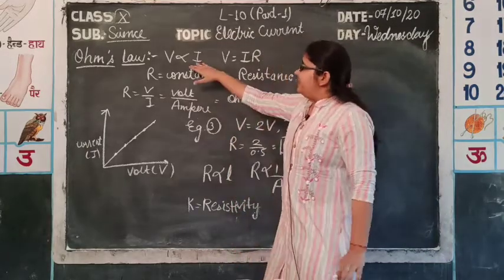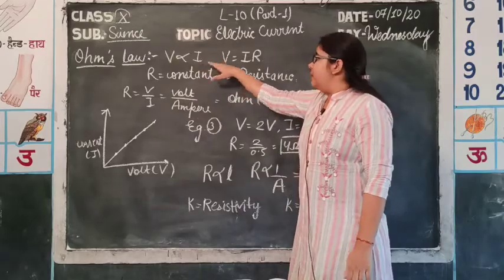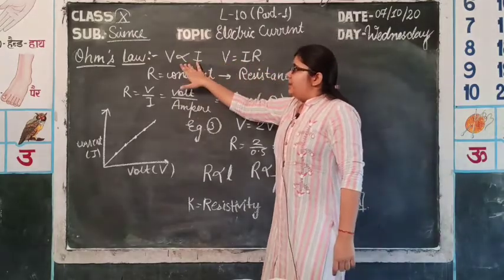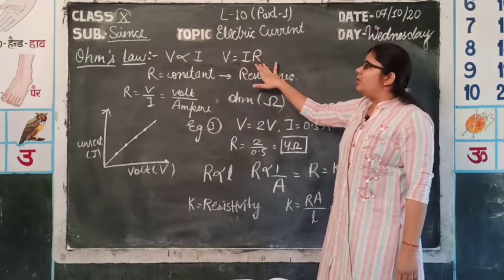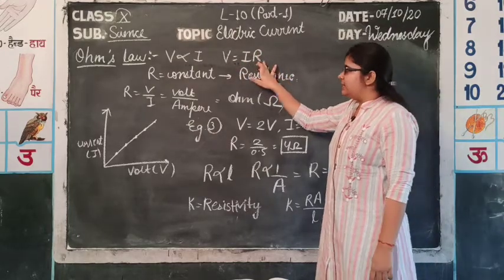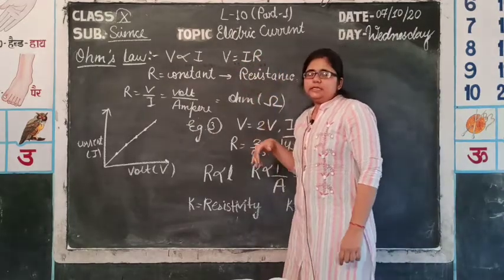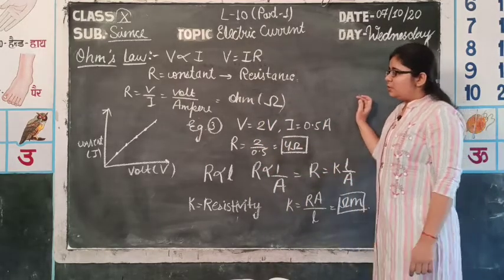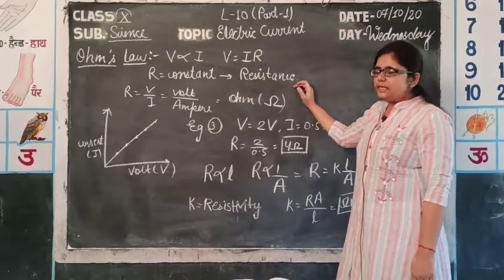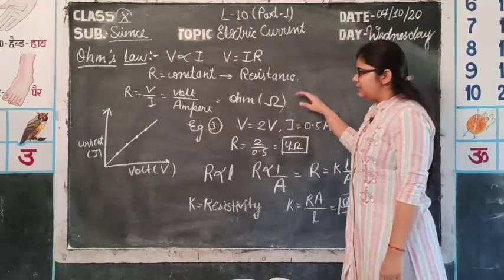So, when V is directly proportional to I, then by replacing the proportionality sign with an equality sign, you will have here a constant. That constant is resistance. Resistance is the restriction of flowing of electrons. So, this restriction is basically resistance, which we will discuss later.